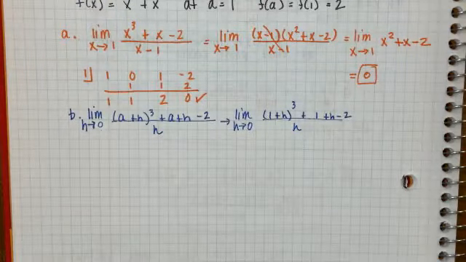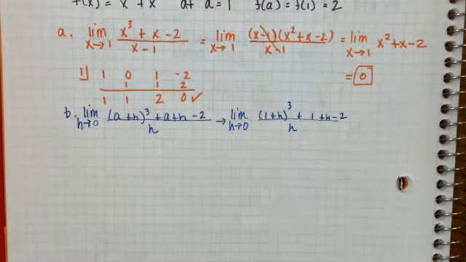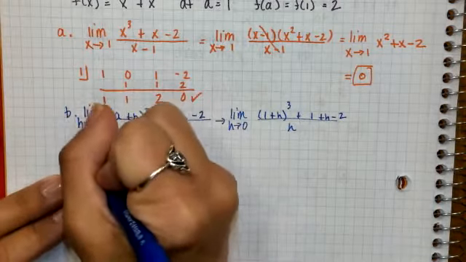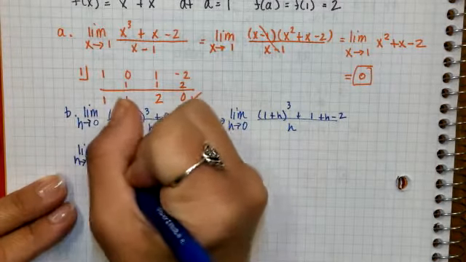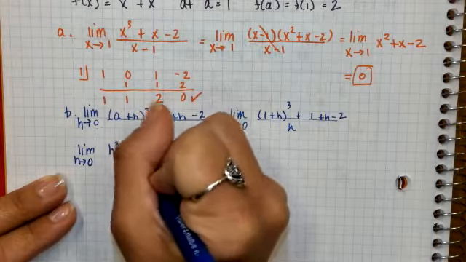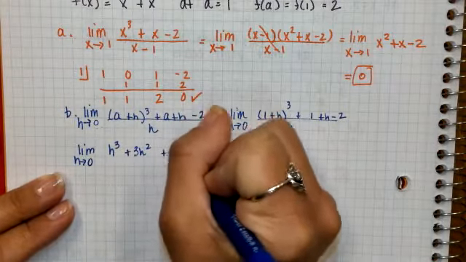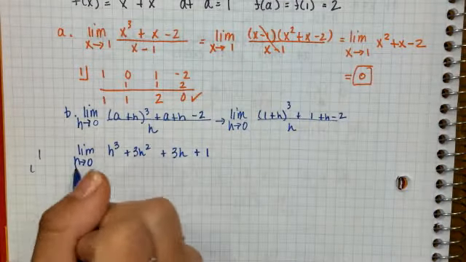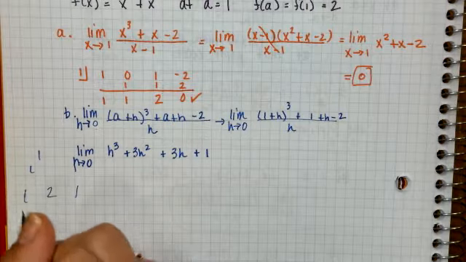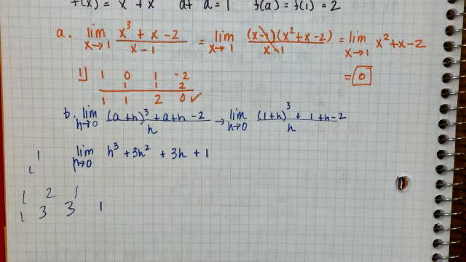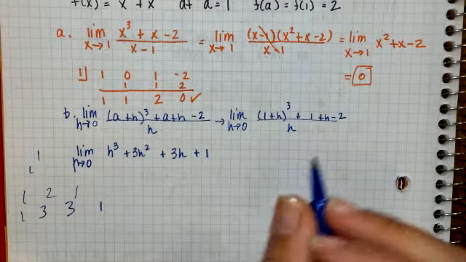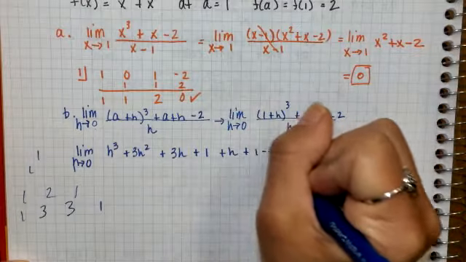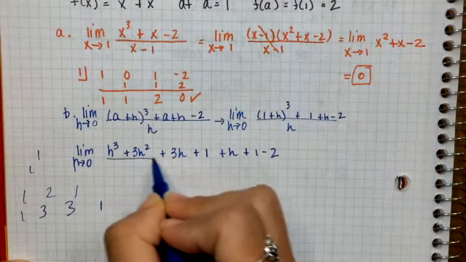Okay, hopefully that's a bit easier to see. So Pascal's triangle, when you multiply out 1 plus h cubed, that is going to be h cubed plus 3h squared plus 3h plus 1. Pascal's triangle, 1, 1, 1, 1, 2, 1, 1, 3, 3, 1. You know these things, it's going to save you a lot of time. Plus h plus 1 minus 2.